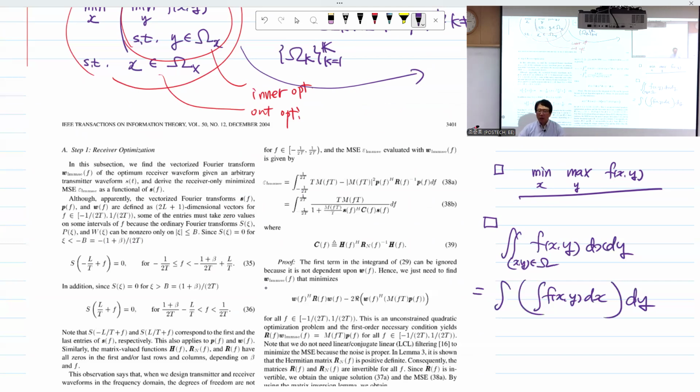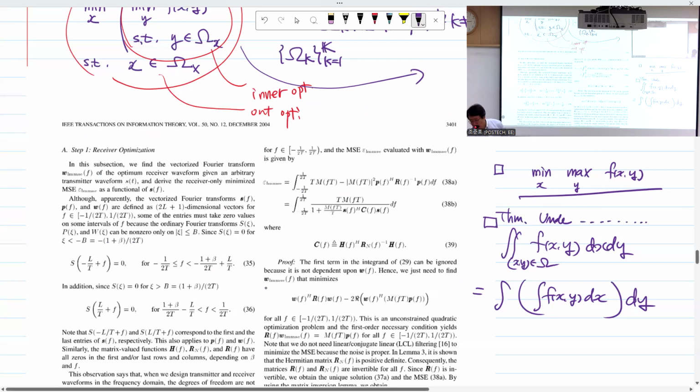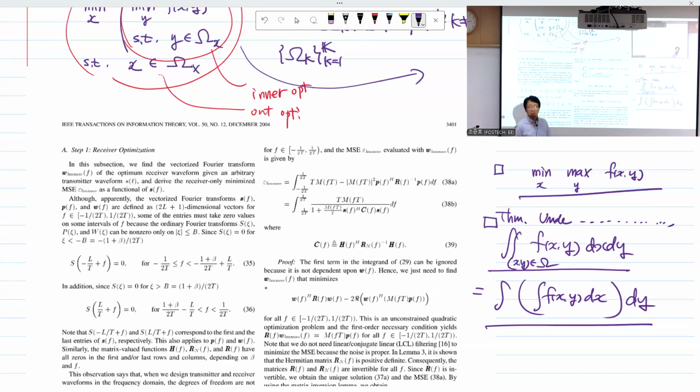And if you are taught properly, your math professor has shown this not as an obvious result that always holds, but probably put some remark as a theorem. Under certain conditions, blah, blah, blah, this can be computed as this one. And even these results usually have a name, like Fubini's theorem or something.